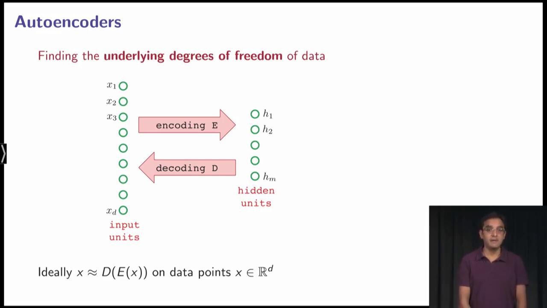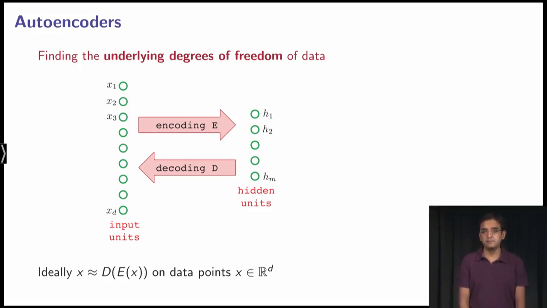On the left, we have a data point, which is d-dimensional, so it has these features x1 through xd. And on the right, we have the representation produced by the autoencoder. This contains m numbers, h1 through hm, and these numbers contain some of the signal in the data, some aspect of the data that is useful to us.